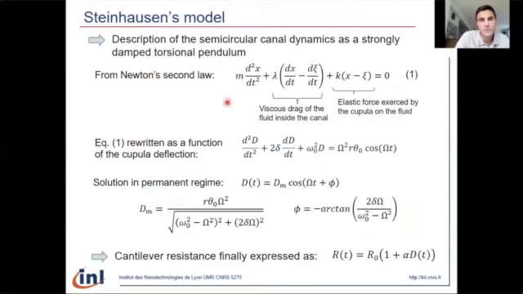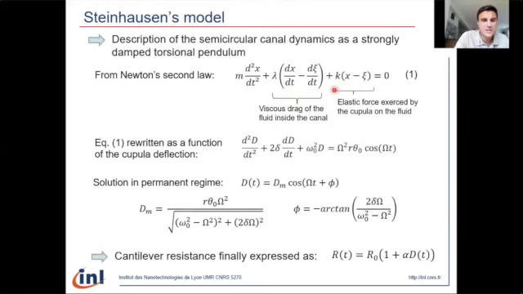As you can see here, from Newton's second law, you can get this equation, where m is the mass of the fluid, x the position of the fluid in the middle of the canal, and c the canal wall position. In this equation, you can see that we have two terms. Here, the viscous drag of the fluid inside the canal, and here on the right, the elastic force exerted by the cupola on the fluid.